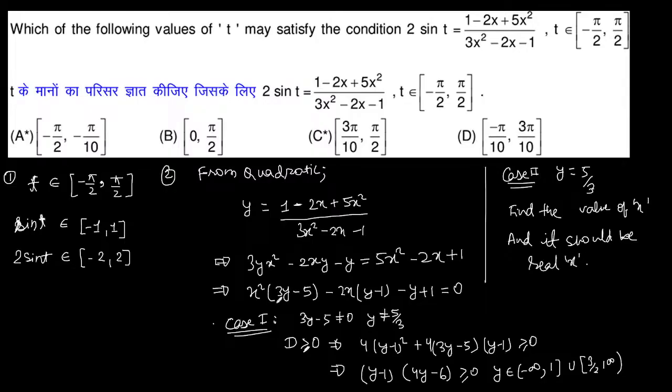So when you put y equal to 5 by 3, we are going to get x equal to some value. So 5 by 3 is what? 1.6. This is 1.5, 1.6. So 5 by 3 is also included. That means this is correct.